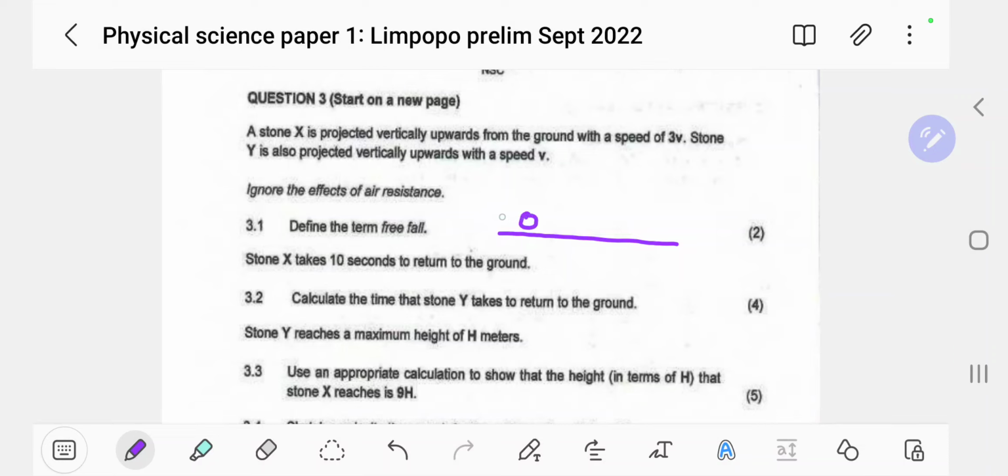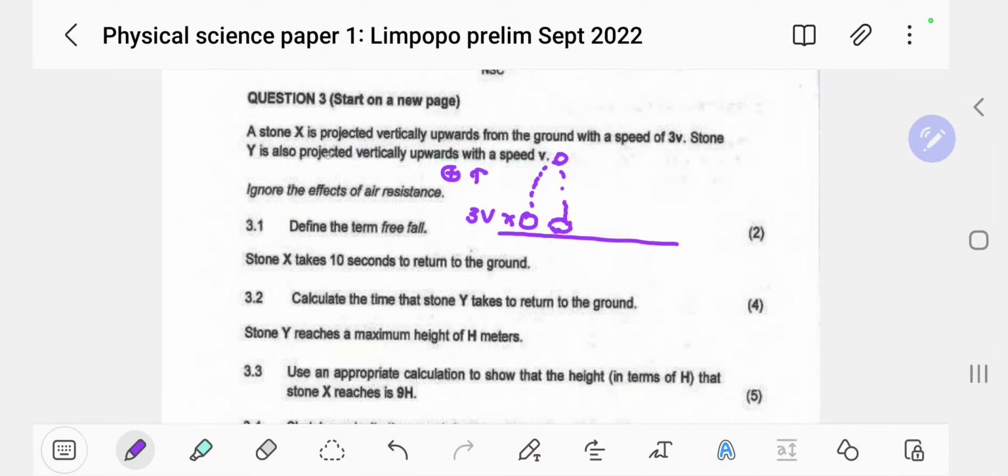There's stone X. Then it's going to be projected upward and then it will come back down. So that is stone X. Then we are told that the speed here is 3v. I'm going to choose upward as positive. It's always easier for me.